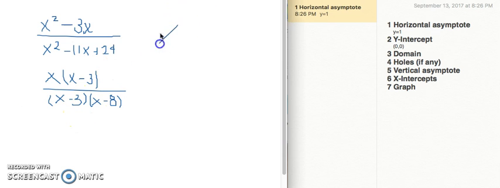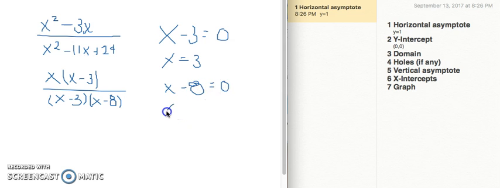So x minus 3 is equal to 0, so x is equal to 3. And x minus 8 is equal to 0, so x is equal to 8, sorry.